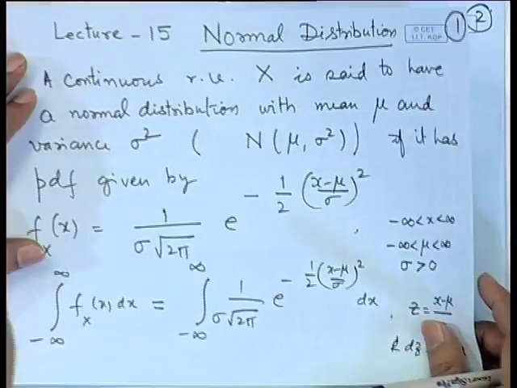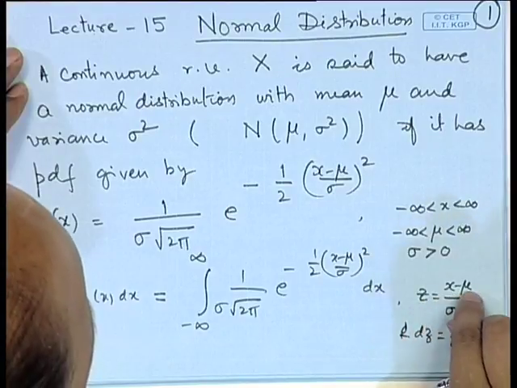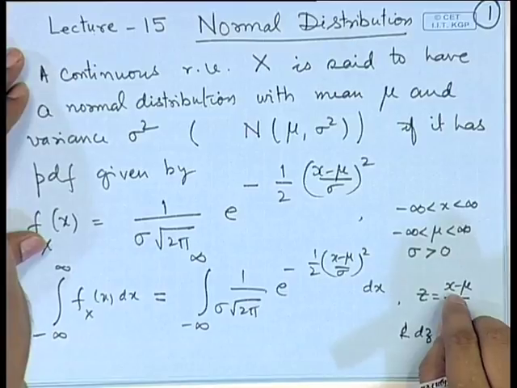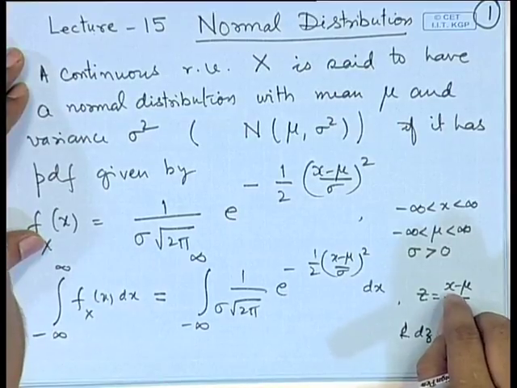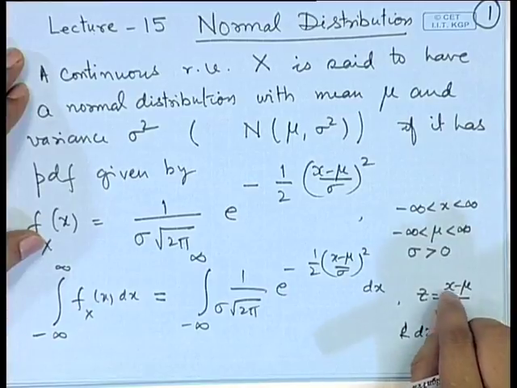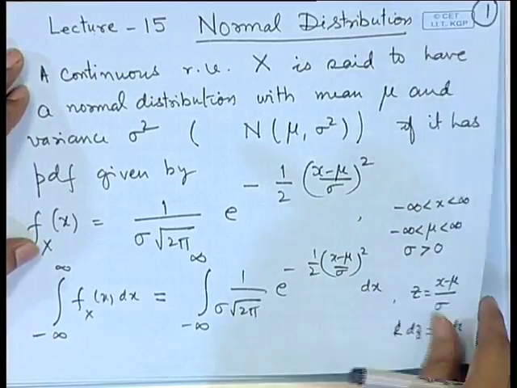We look at the moments of this distribution. Now, if we consider the transformation that we have made here, that is z is equal to (x minus mu) by sigma, this suggests that it will be easier to calculate moments of x minus mu or moments of (x minus mu) by sigma. So, we will do that.